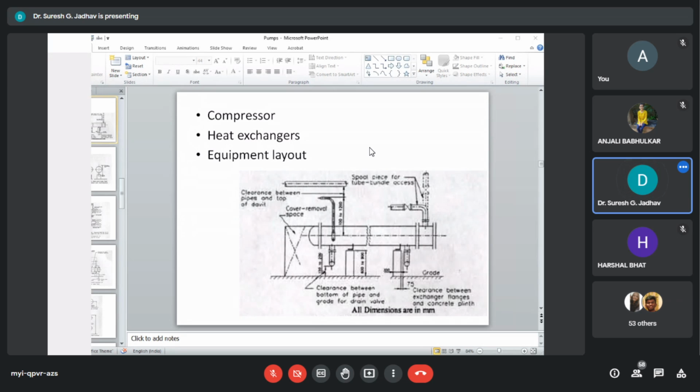Excessive piping strains on the exchanger nozzle from the actual weight of pipe and fittings, or from forces of thermal expansion, should be avoided.